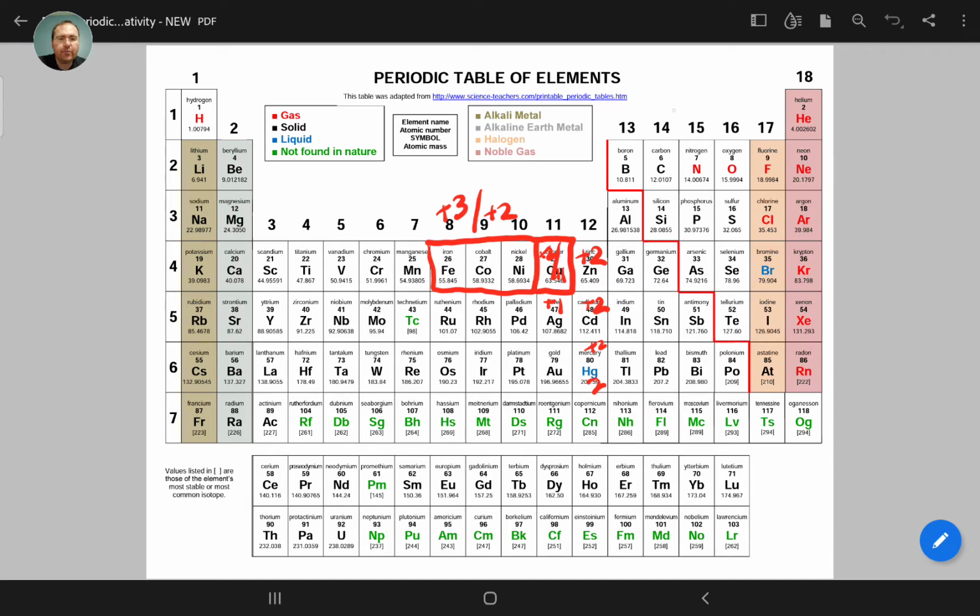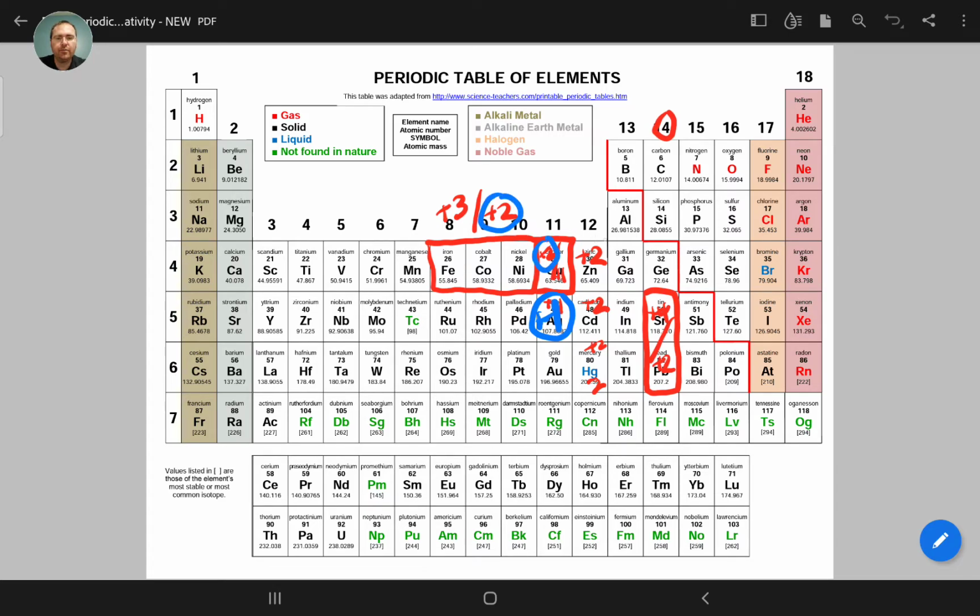In group 14, we'd expect 4 valence electrons, and that tells us that the tin and the leads, they're going to like +4s, but they also like +2s. So the take-home message here is, with the exception of silver, silver is a +1 only, but everybody else has a +2. Iron, cobalt, nickel have a +2.